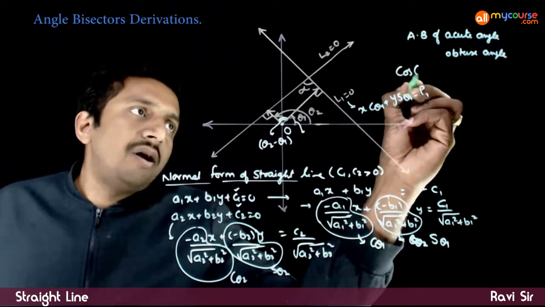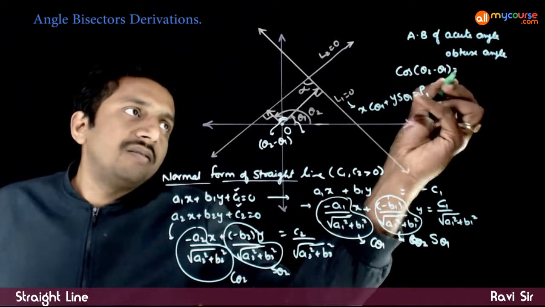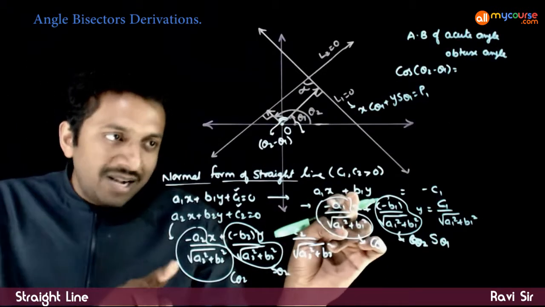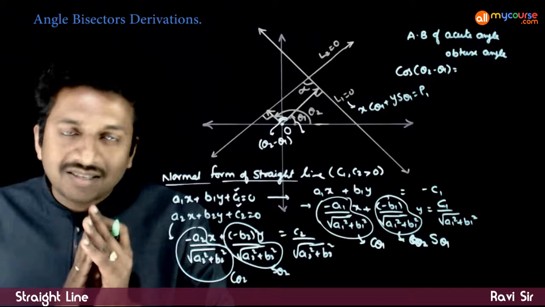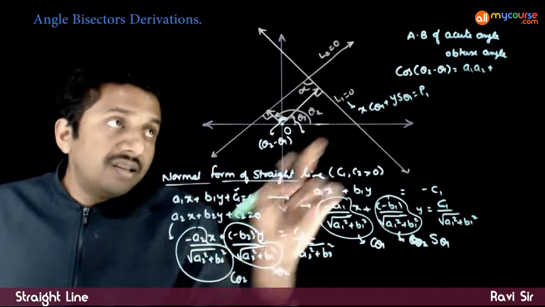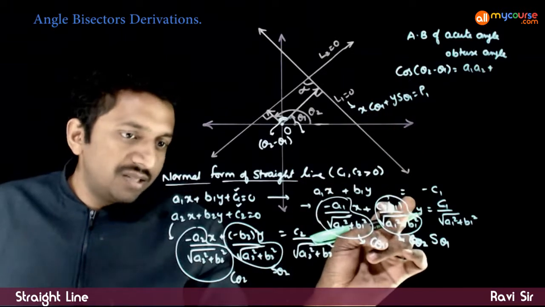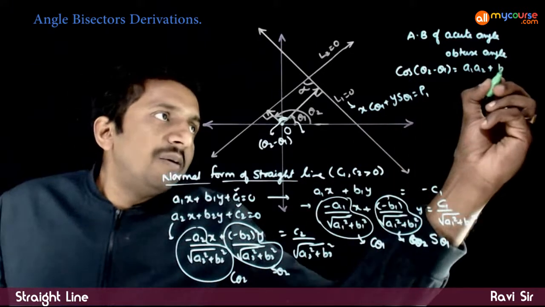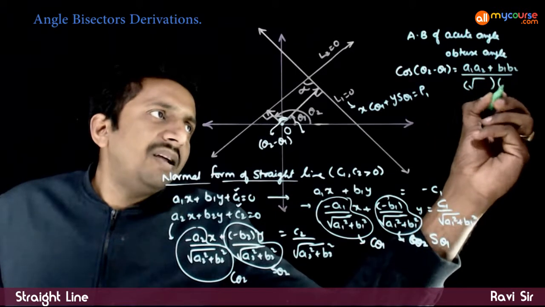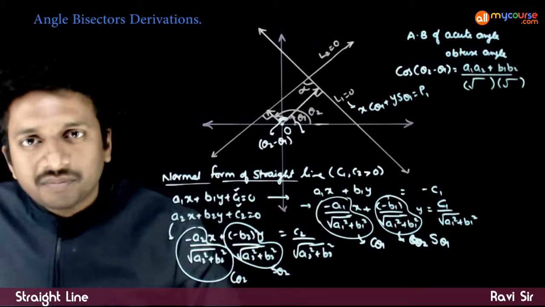So what is cos of theta 2 minus theta 1? It's nothing but cos theta 1 cos theta 2, that is multiply these two, minus into minus gets cancelled. So a1 a2 plus sin theta 1 sin theta 2, that is you multiply these two, b1 b2 by root of something into root of something.